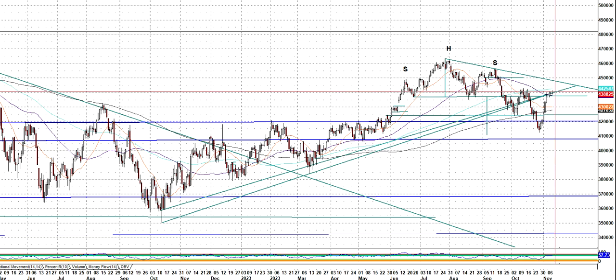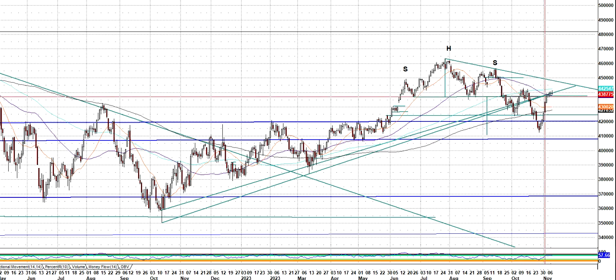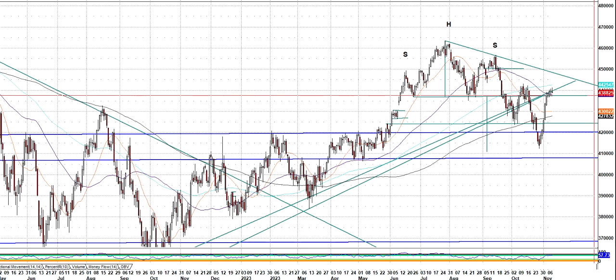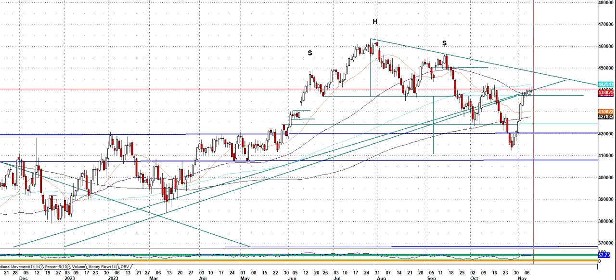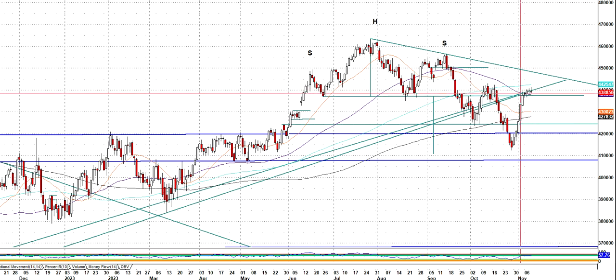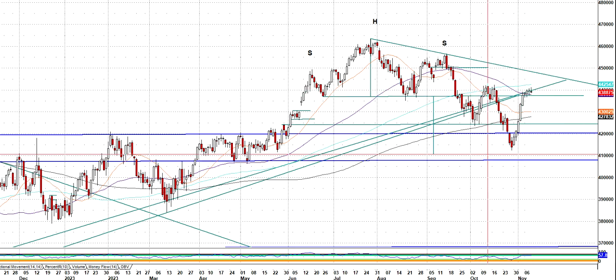So if the market breaks below the last couple of days of support, let me get this nice and wide so we can see it. Notice how each of these candles, we've got dojis forming. And whenever you see a series of dojis forming, you've got indecision in the market.